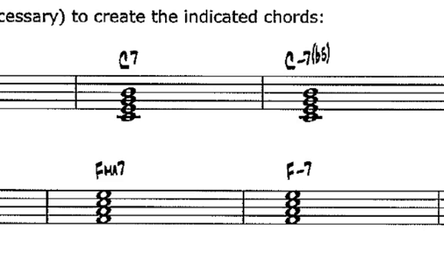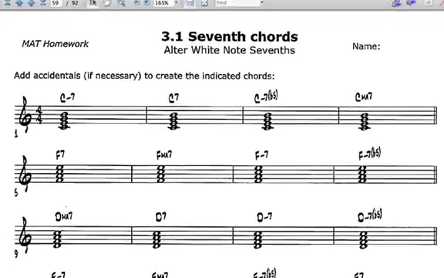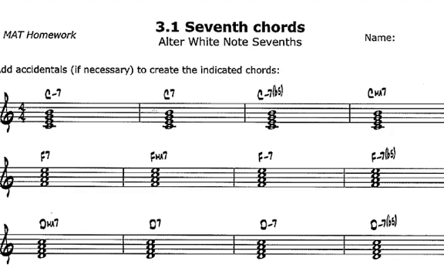A major 7 chord is 1, 3, 5, 7, a dominant chord is 1, 3, 5, flat 7, a minor 7 chord is 1, flat 3, 5, flat 7, and a minor 7 flat 5 chord is 1, flat 3, flat 5, flat 7. Once you know that, it's not that difficult to figure out what notes to use, because you're comparing it to the major, which is the form that's 1, 3, 5, 7.